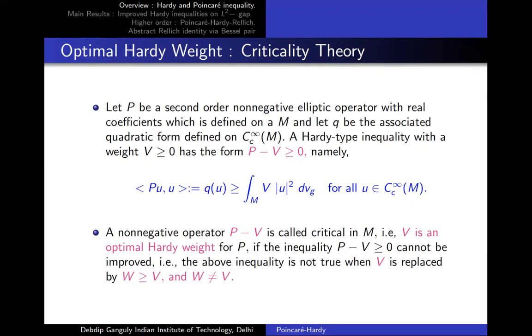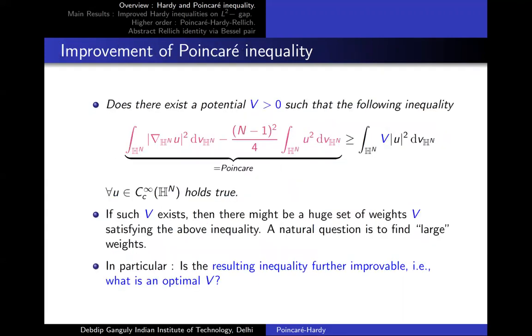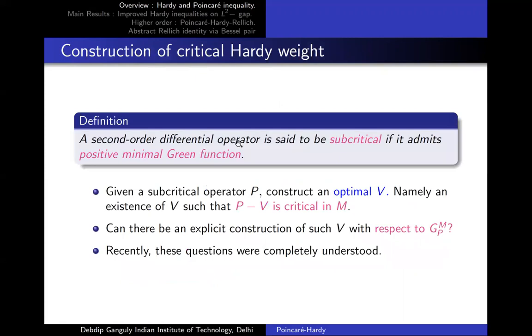And we call a differential operator subcritical if it admits a positive minimal Green function. If it admits a positive minimal Green function, then we call the operator a subcritical operator.